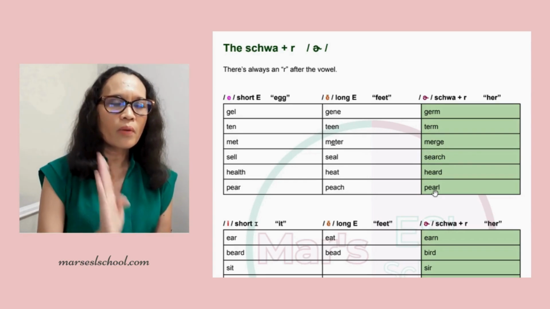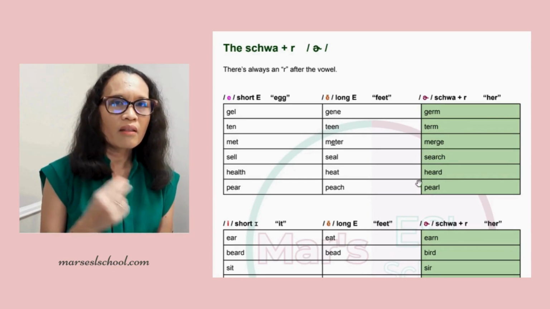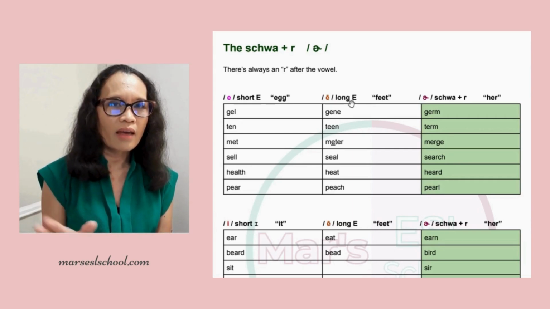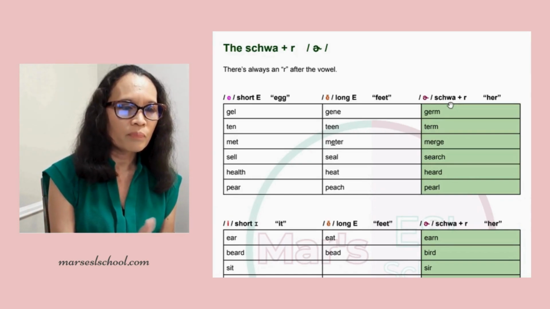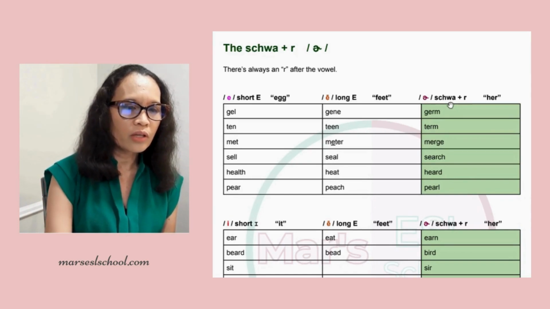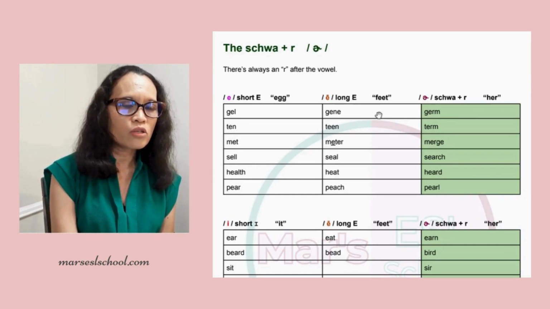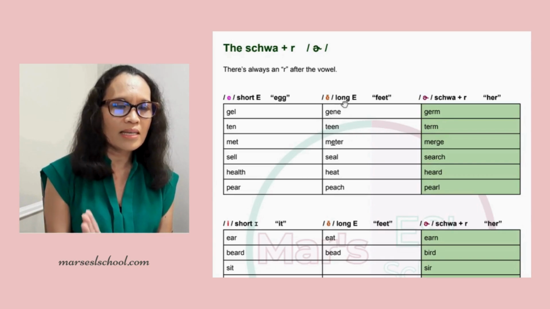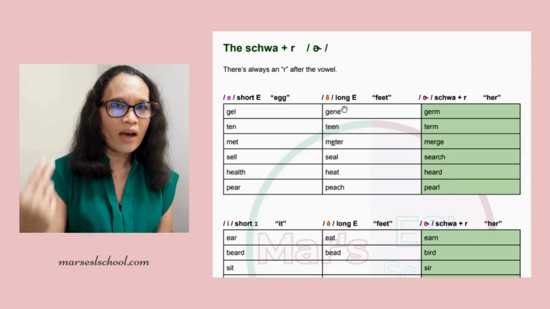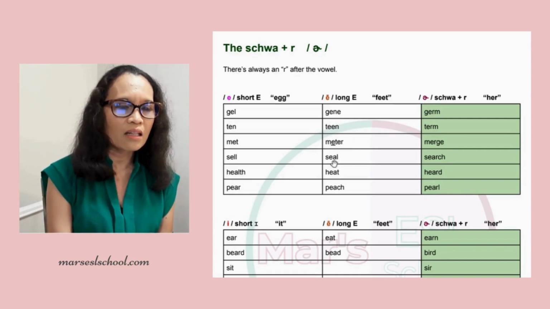There's also a similarity between the long E sound and the schwa+r sound when we're looking at the spelling. So we have an example here. Over here, these words in the middle column have a long E sound. And we have our examples: gene, teen, meter, seal.